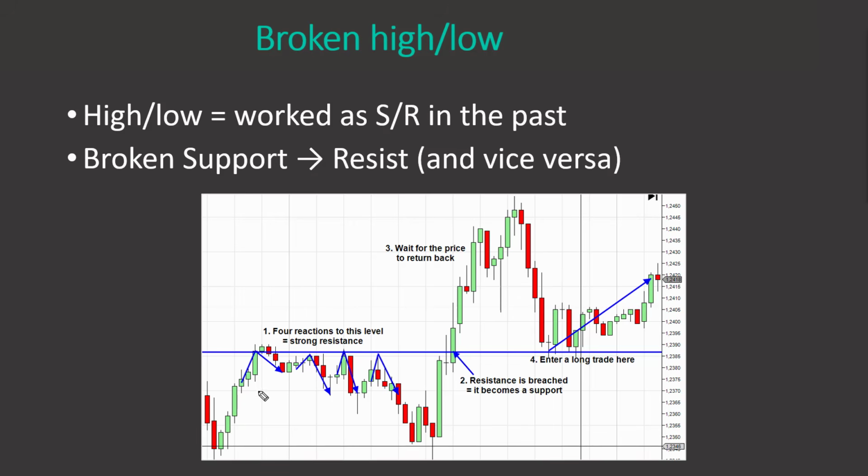In this case, the price was bouncing in here, bouncing on an area 4 times. So when you see this, you can assume that this was a resistance.